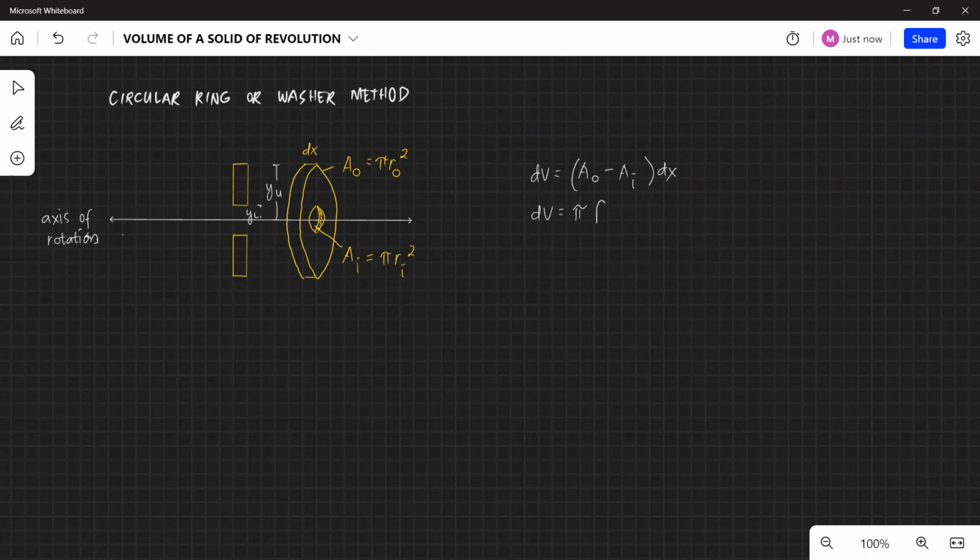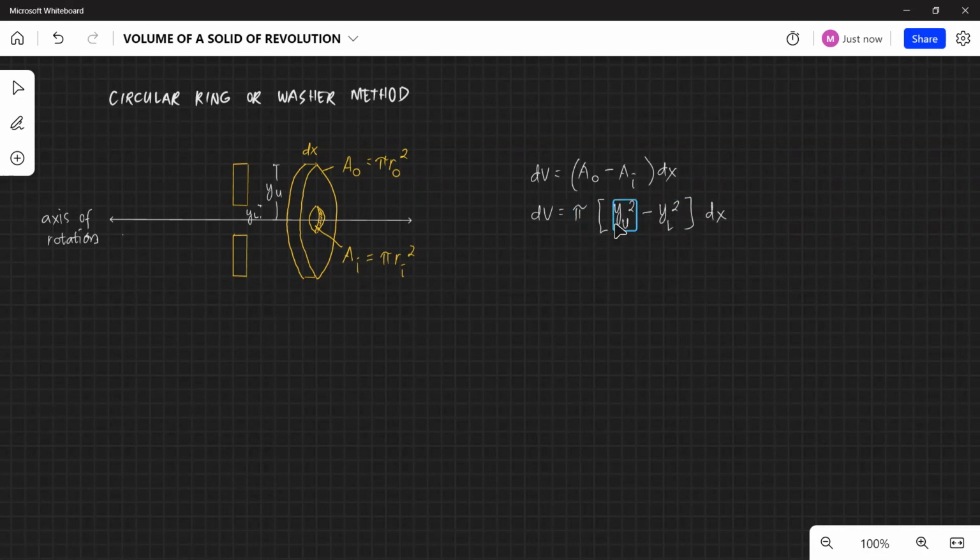Okay, so before getting the integral, that's pi times y upper squared, minus pi times the radius of the inner circle squared, so meaning pi times y lower squared, dx. So I am factoring out pi since it's common for these two terms.